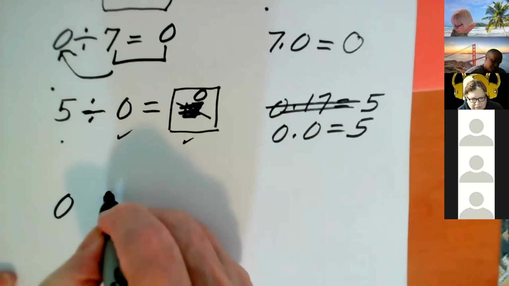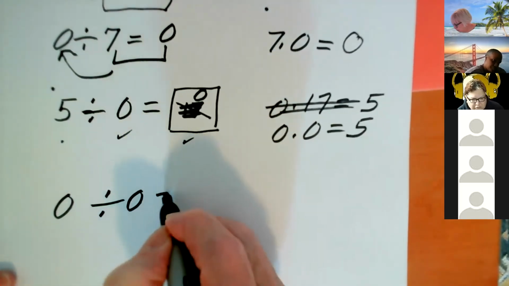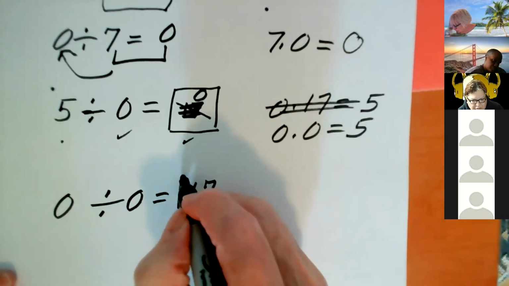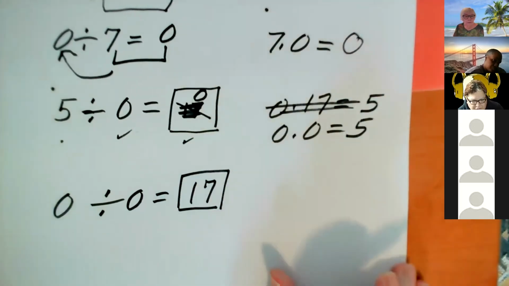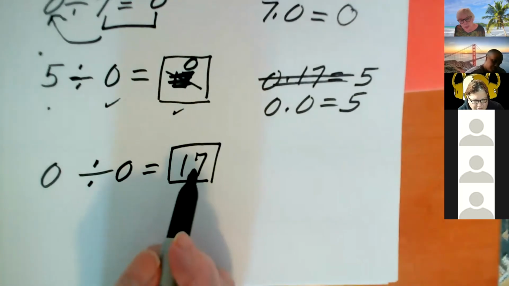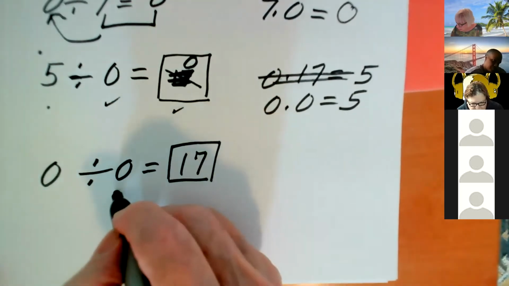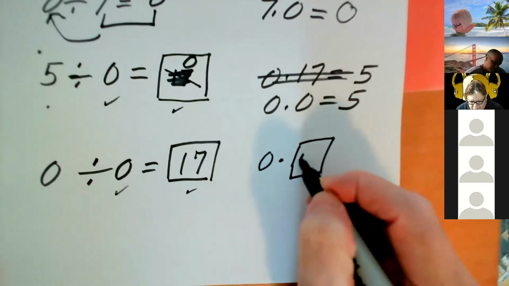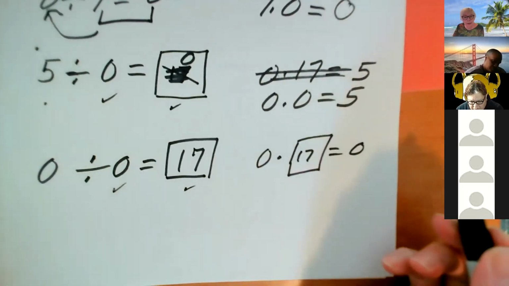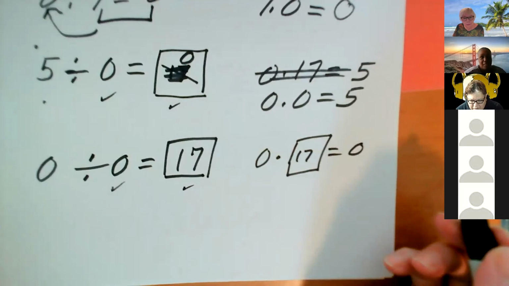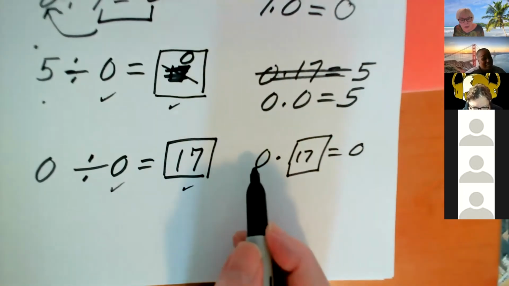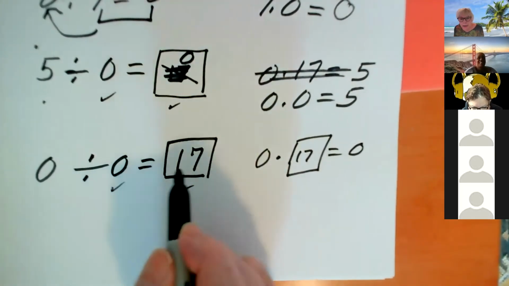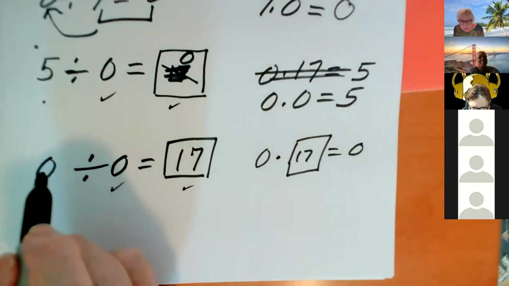I'm going to do 17 again because I like that number. If this was the correct answer, then this one times this one. Oh, it's right. 0 times 17 comes back to 0.